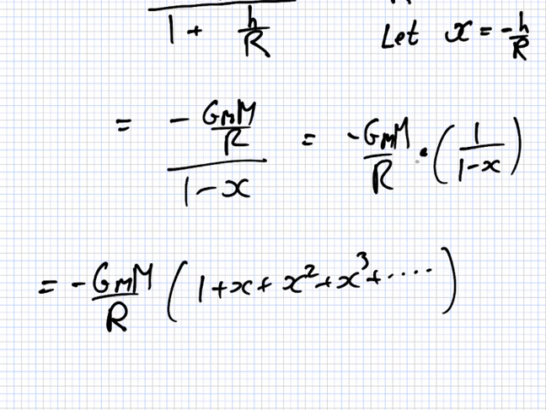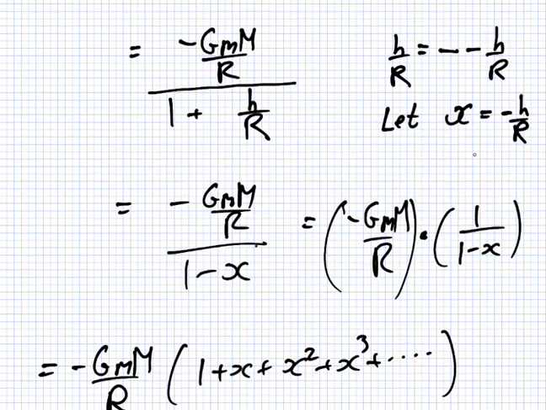You think this is a mistake here? No, I think this is okay. What I'm doing is like this. We divided GMM by R over 1 minus X, that should be fine. So, no, I think this is okay.